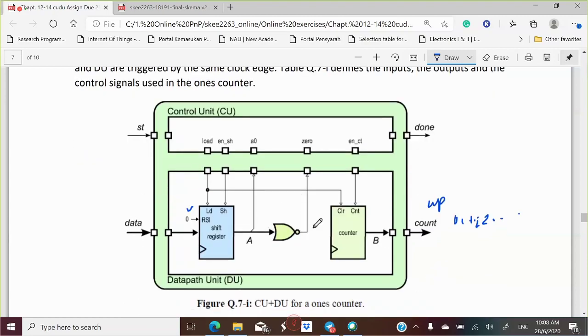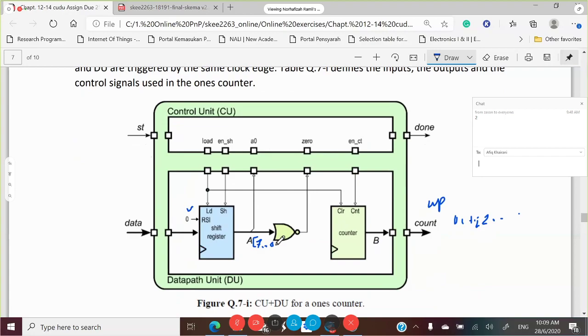So again you have the 0, but actually you have the A0. So this is actually register A of 7 to 0 because this is 8 bits, right? So this is A7, but the one that goes here is actually A0.